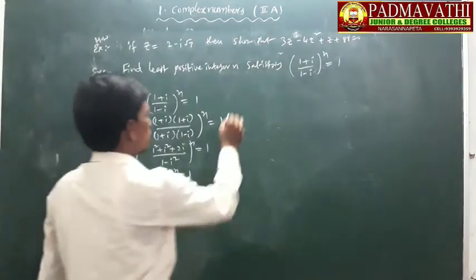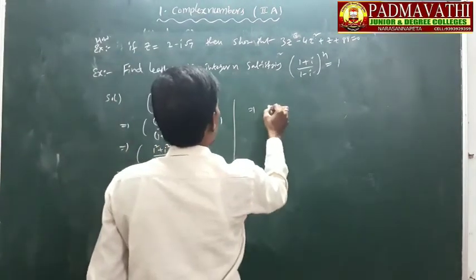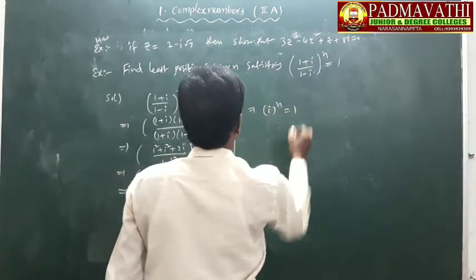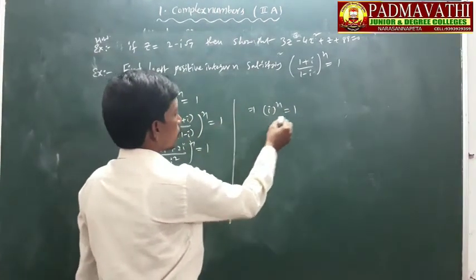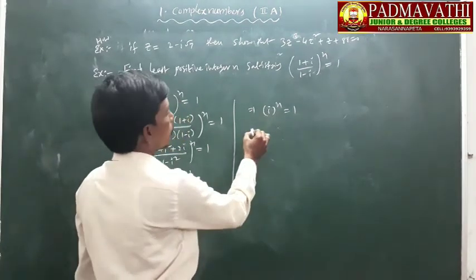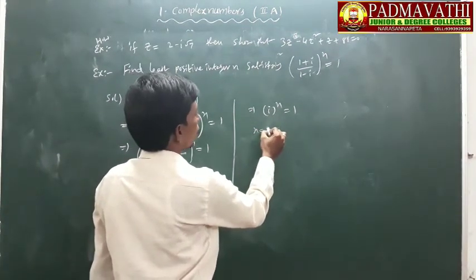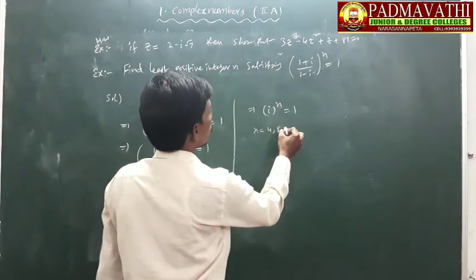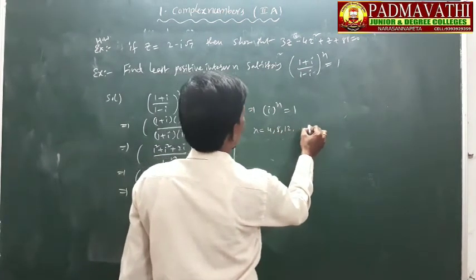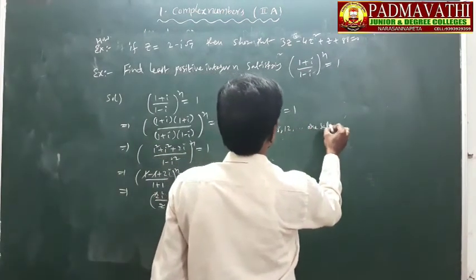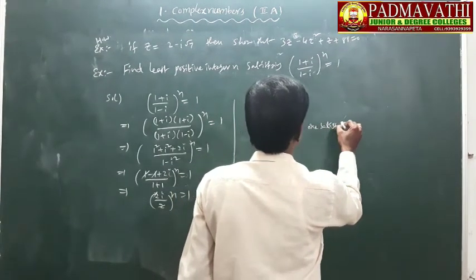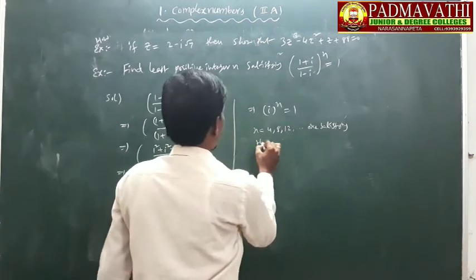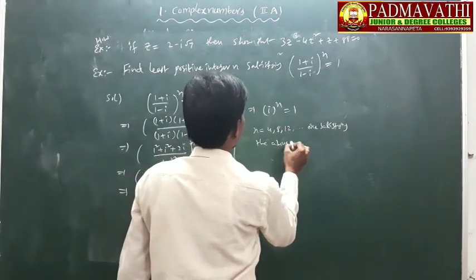These two cancel. That implies i power n equal to 1. So the positive integers n equal to 4, 8, 12 and so on satisfy the above equation.